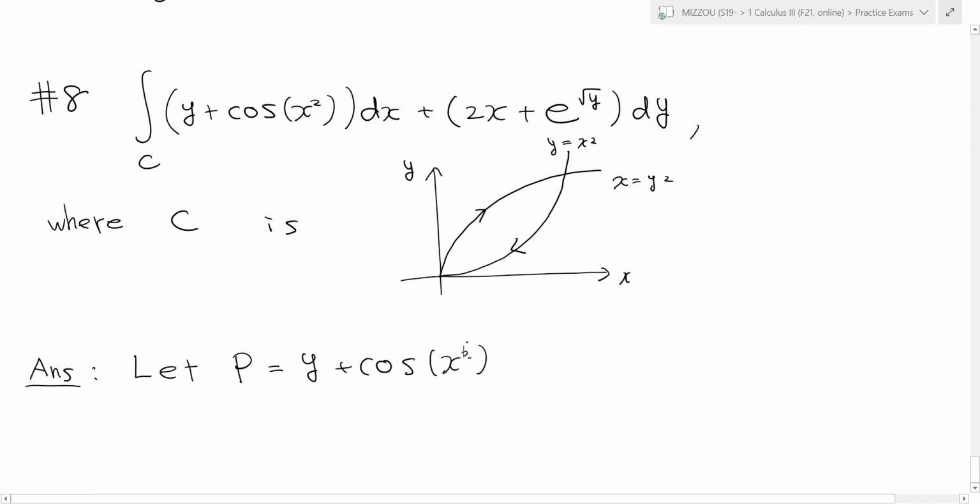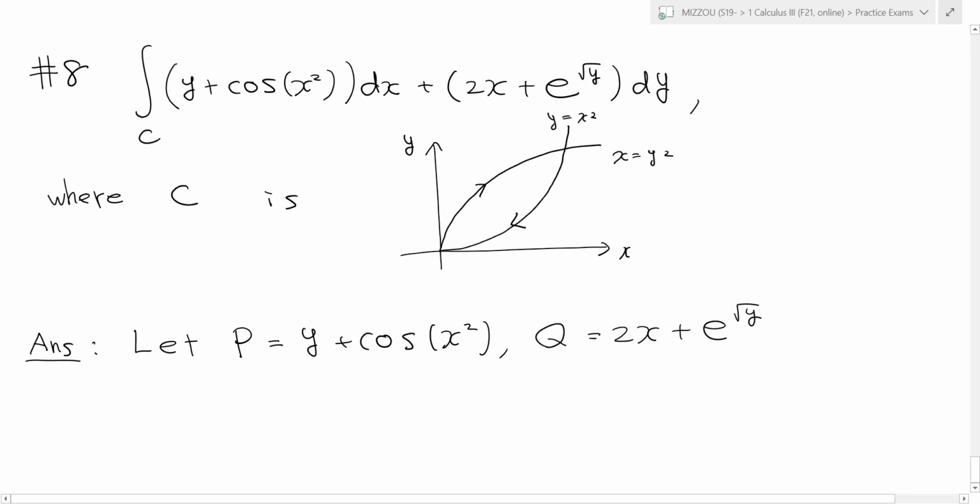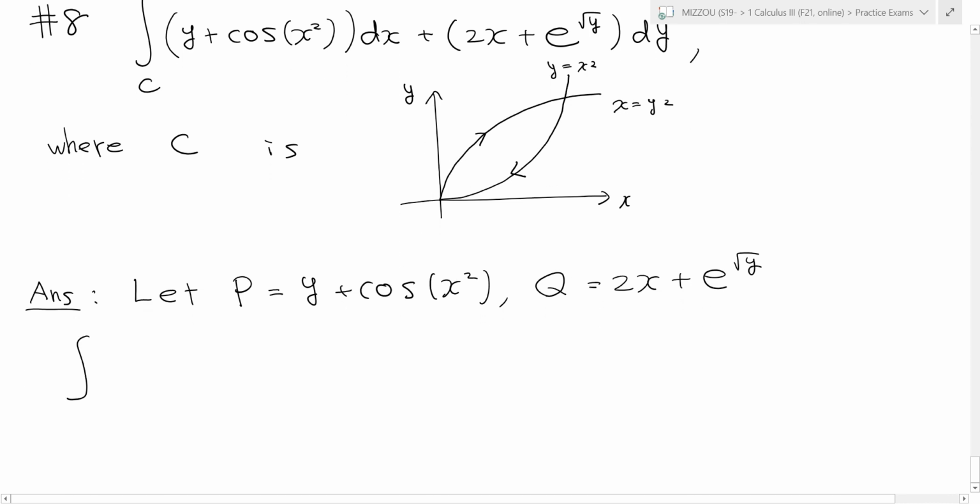And then Q is 2x plus e to the power root y. Then, typically, Green's theorem says, by the way, this little circle is to emphasize that the line integral is over a closed curve.